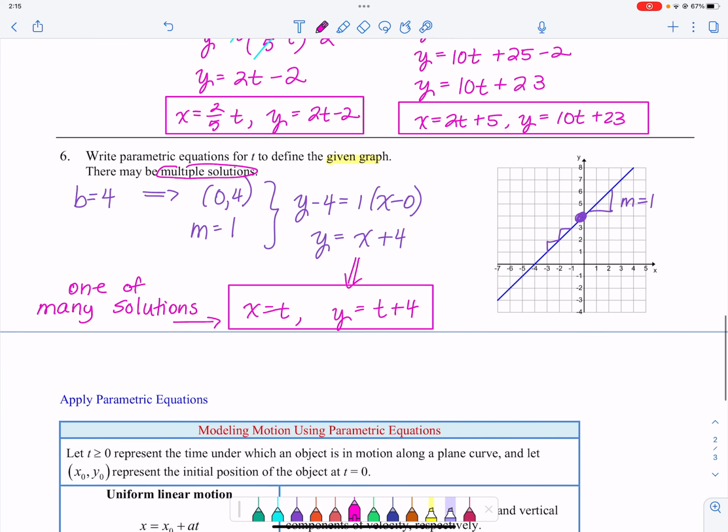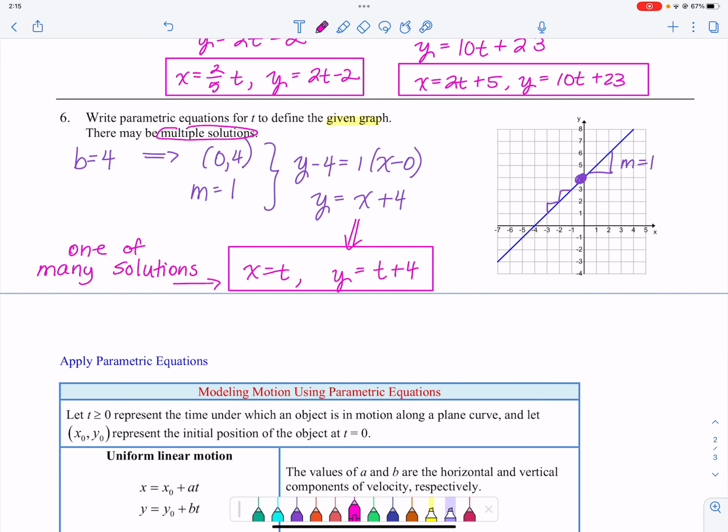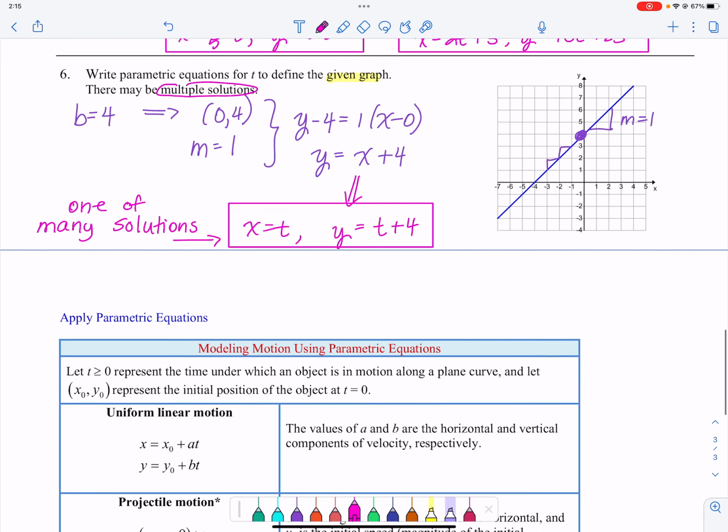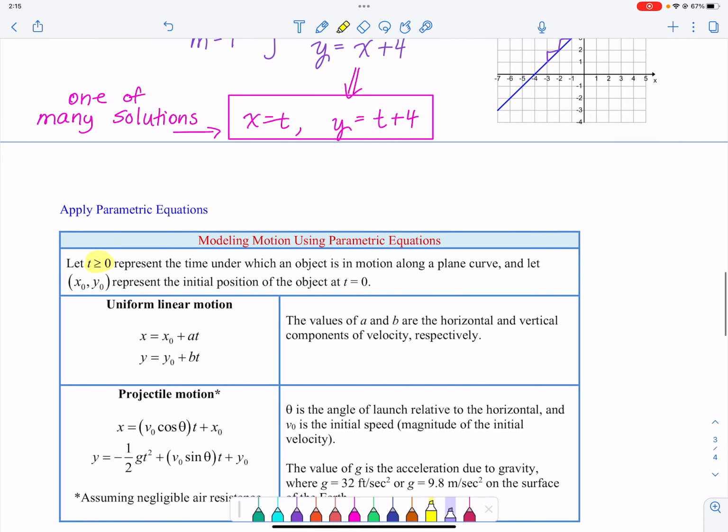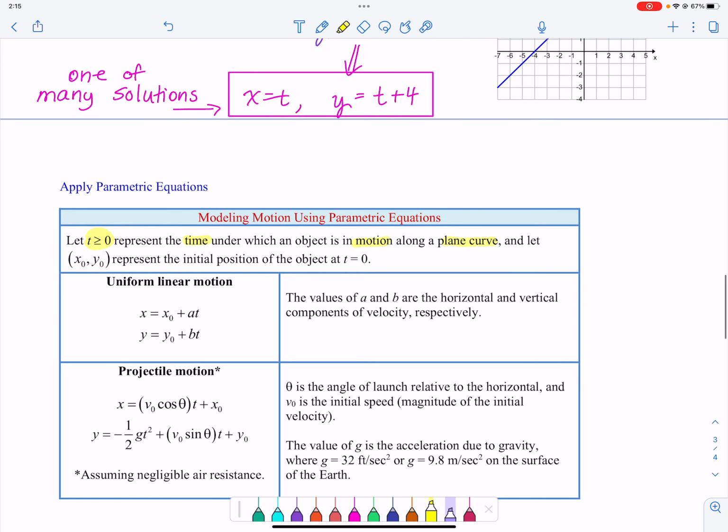Okay, now let's talk about modeling with parametric equations. What we want to do is make sure we let t be greater than or equal to 0 when we're dealing with time and motion along a plane curve. Okay, so if an object is in motion, we don't want negative time.